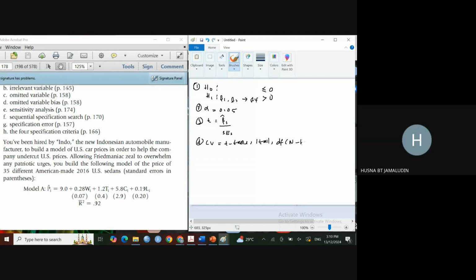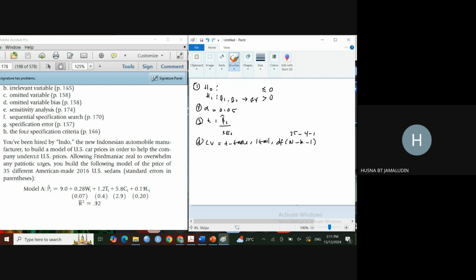What is your n? 35. So you have 35 minus k, which is 4, minus 1. The 1 refers to your beta naught. Normally what I do is I just subtract everything: 1, 2, 3, 4, 5, including the beta naught. So it's the same thing.